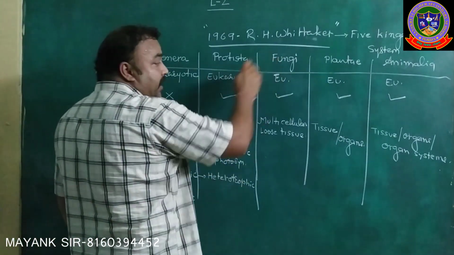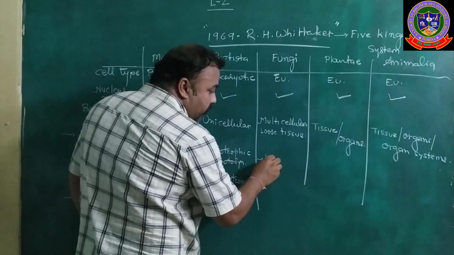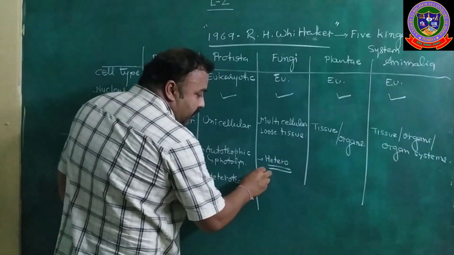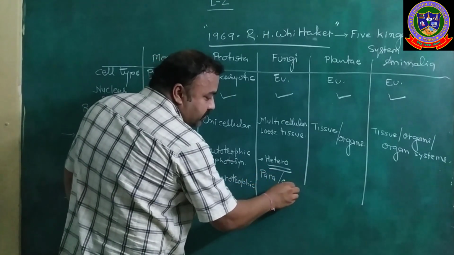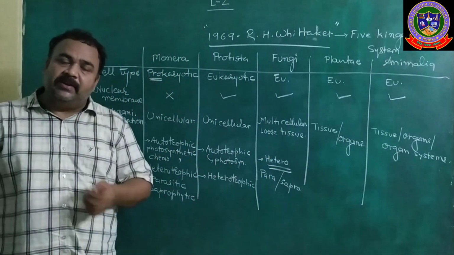In fungi, the mode of nutrition was only heterotrophic, either parasitic or saprophytic. What is the difference between parasitic and saprophytic?